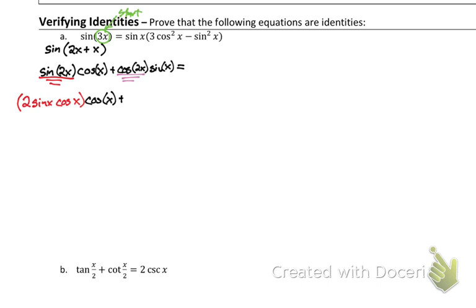So our goal is to locate what I want to create here. Does the right side have cosine squareds and sine squareds? Yes. So that probably means I want to use the one that has cosine squareds and sine squareds in it.